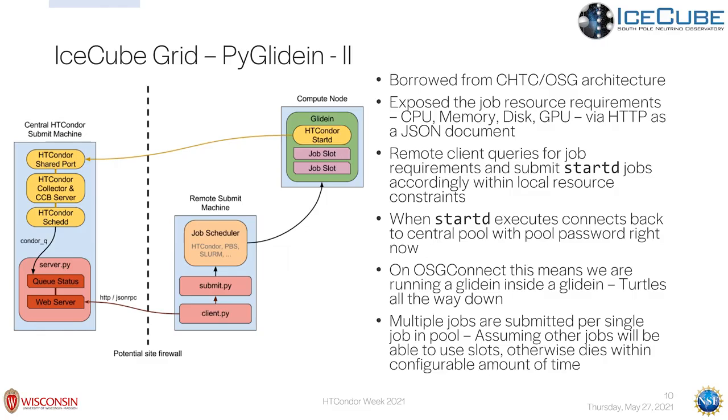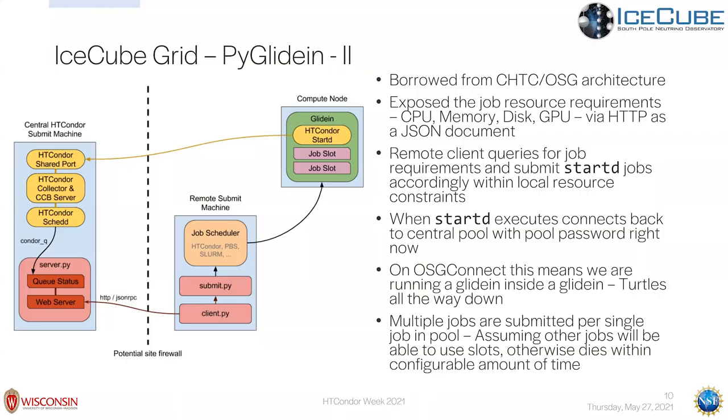So basically, we borrowed a significant portion from the CHTC and the OSG architecture, and we expose the job resource requirements somehow. In this case, we did it through HTTP and a JSON document. You do a query on a schedd, or rather a queue, and then you get a reply of how many CPUs, GPUs, memory, and disk the various jobs need.